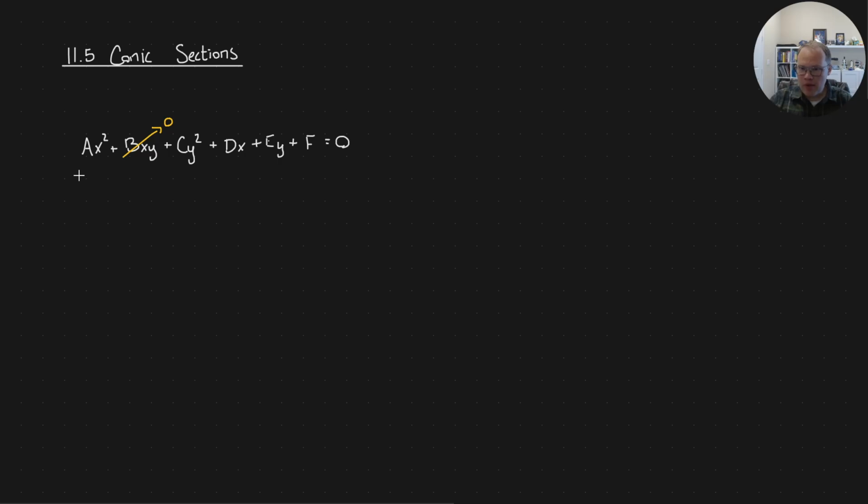So say both the x squared and the y squared term is 0. Well, then we'd have, maybe something like x plus y plus 1 equals 0. Well, what's this? This would be a line. So straight lines actually are conic sections.